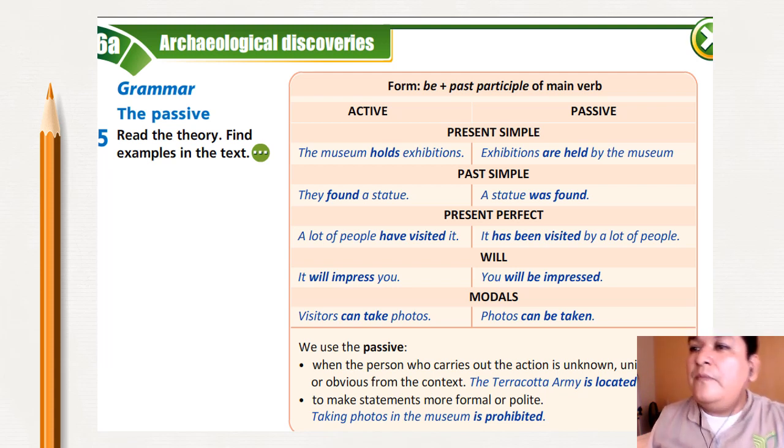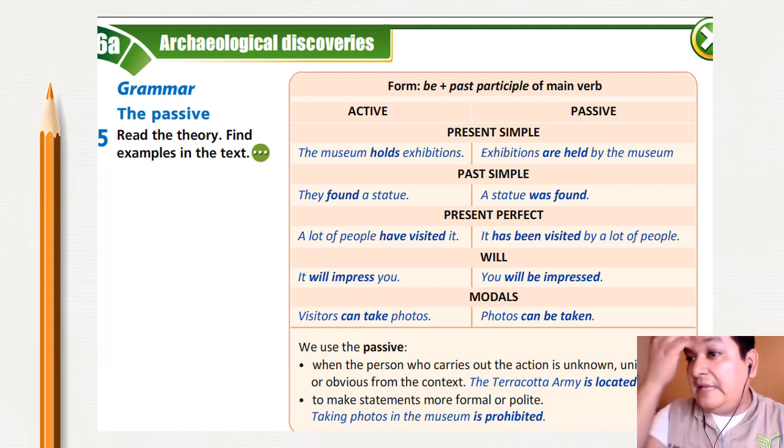Se traduciría como las exhibiciones son organizadas por el museo, o llevadas a cabo o realizadas también. ¿Ok? Recuerden, cuando tenemos el verbo en presente, vamos a ocupar el are o el is, dependiendo si es singular o plural. Y esto es presente simple, la voz pasiva en presente simple.